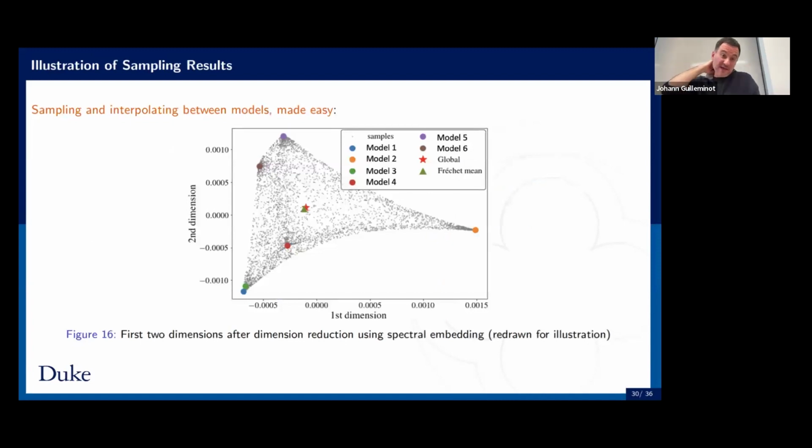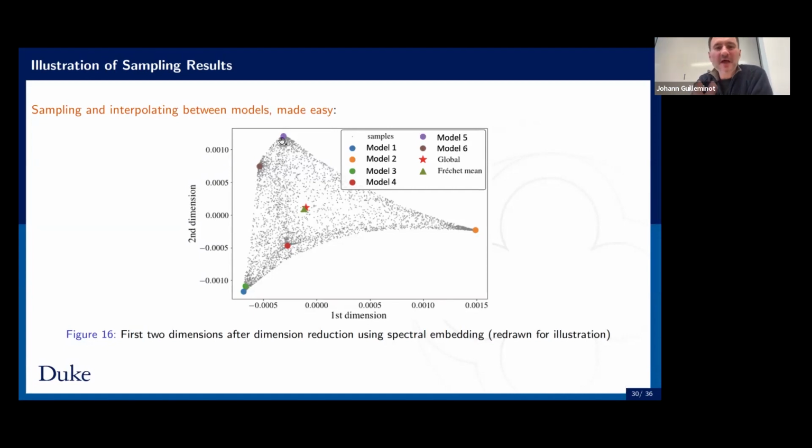And then I'm going to sample my models. So here's how it looks. I'm calling this sampling and interpolating between models made easy, because essentially you assume that you have a bunch of models. One would be fully hyperelastic, nonlinear, coupling everything, FSI, Navier-Stokes, whatever. So this one costs a lot.